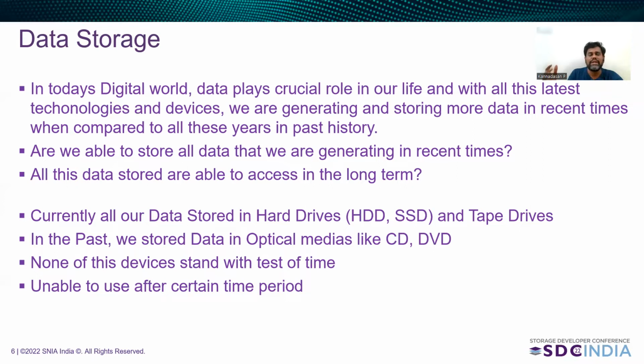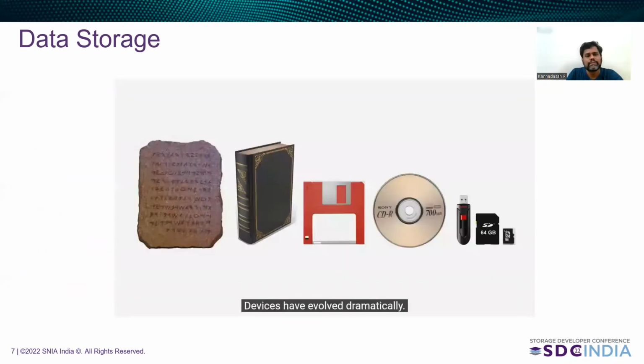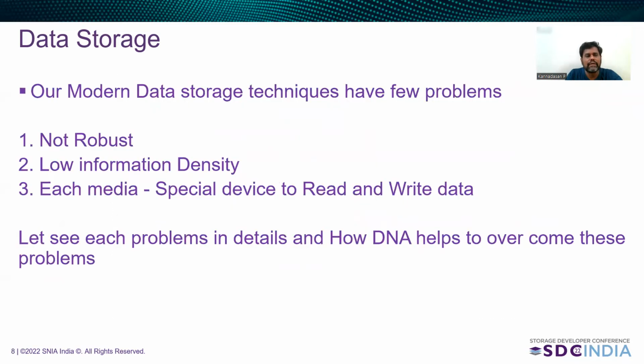Either we should copy the data to another device to keep it safe in the long term. This picture represents the evolution of storage from past history to the current data storage devices.